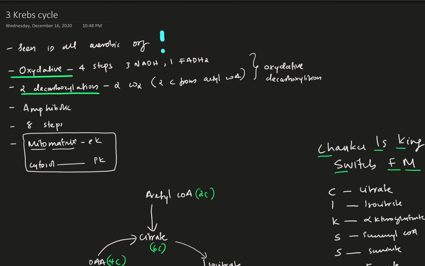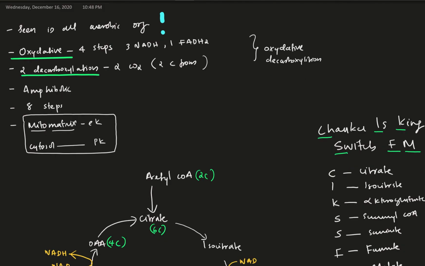As it involves oxidative decarboxylation, it is known as amphibolic. I think it is a reaction in which ATP as well as NADH is produced.